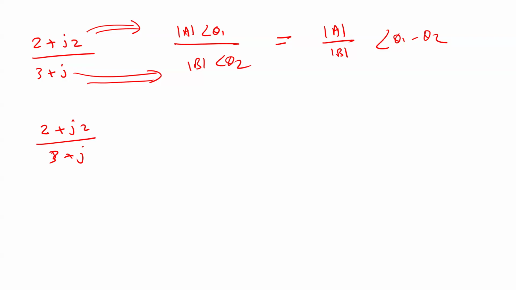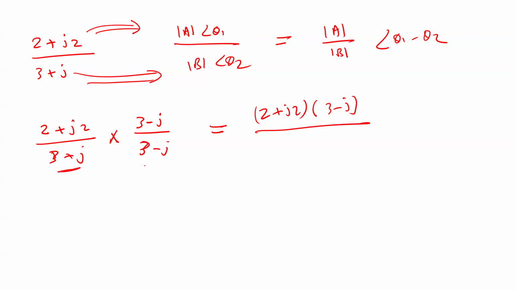To get rid of it, I simply multiply by the conjugate, so 3 minus j divided by 3 minus j. That equals 2 plus j2 times 3 minus j, divided by, as I told you, when I multiply by the conjugate, the first term squared plus the second term squared.